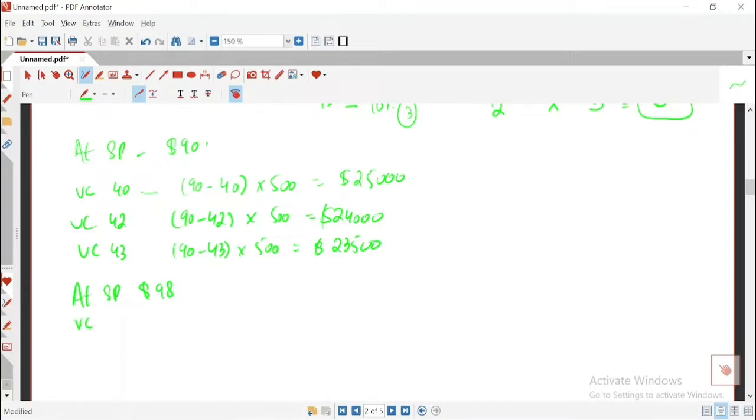Similarly, we will do the same at price 98. We have variable cost 40, variable cost 42 and variable cost 43. So 98 minus 40, and we knew that demand is 430, so we are going to multiply it by 430.